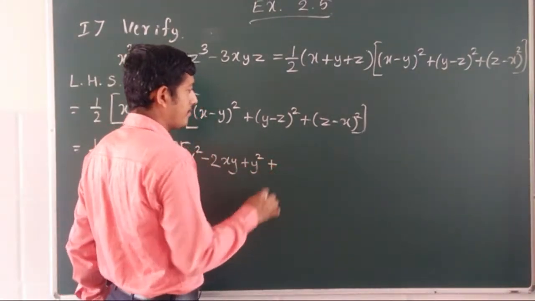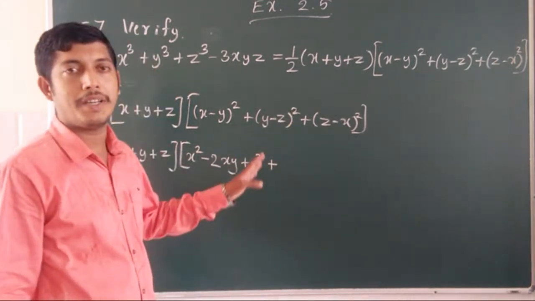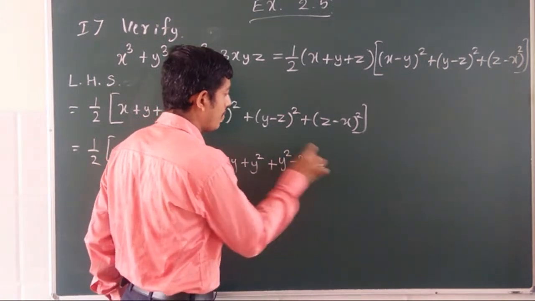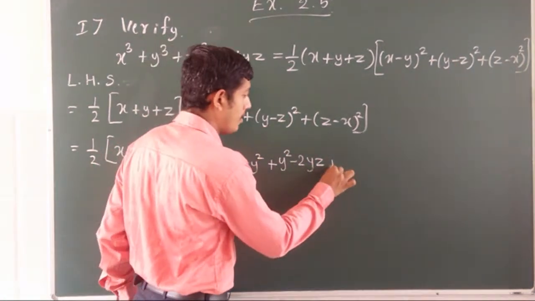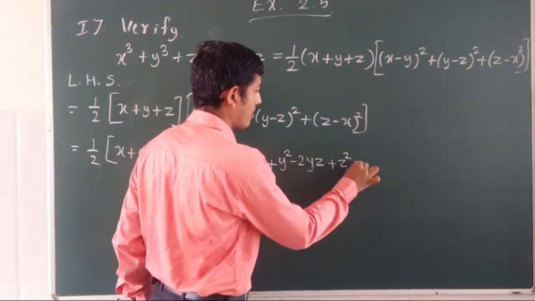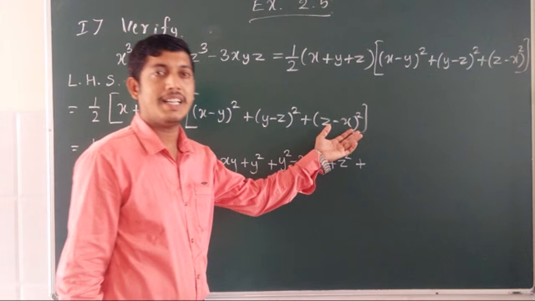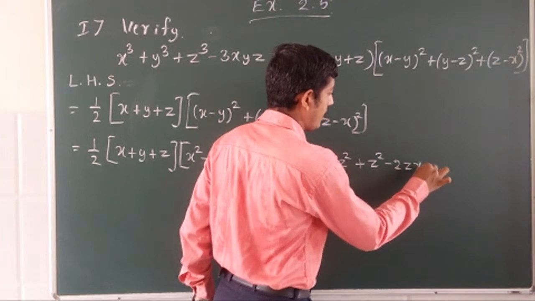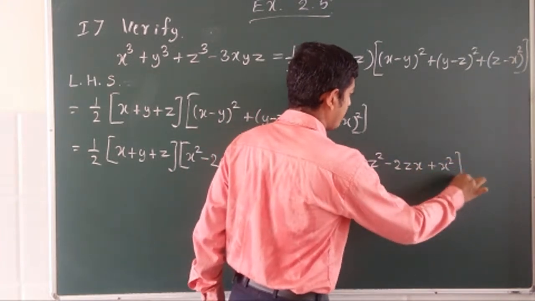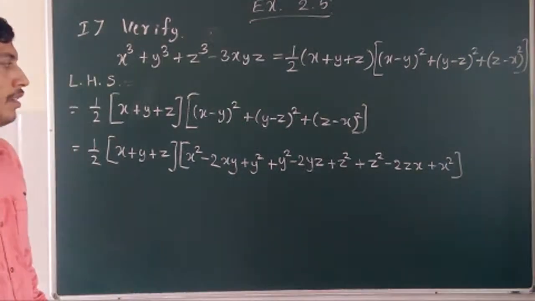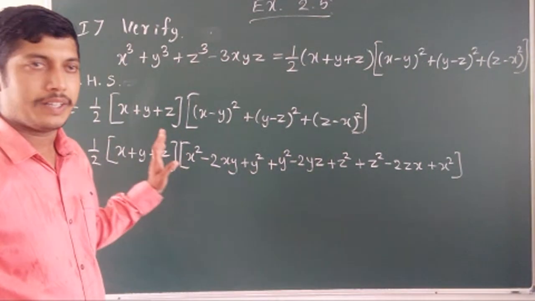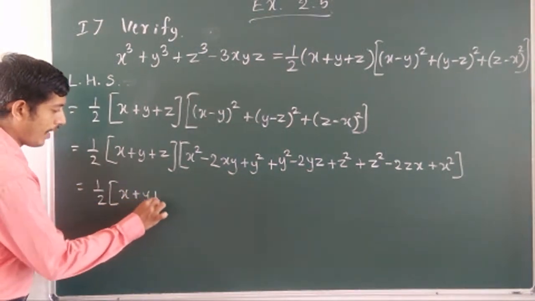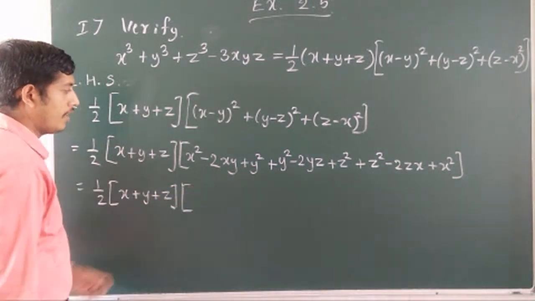Then the second term, (y minus z) whole square, is also the same: a square minus 2ab, a value is y, b value is z, plus b square. Plus the third term, (z minus x) whole square: z square minus 2ab means zx, plus x square.